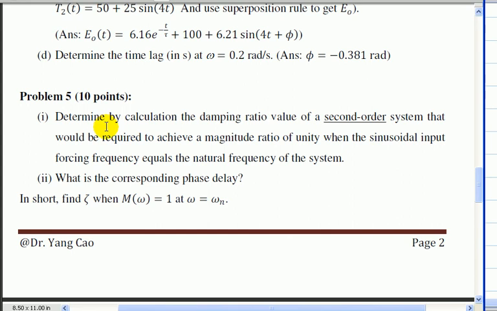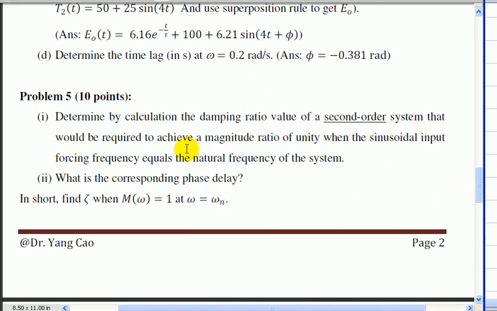It wants you to determine by calculation the damping ratio value of a second order system that will be required to achieve a magnitude ratio of unity when the sinusoidal input forcing frequency equals the natural frequency of the system. And then what is the corresponding phase delay? In short, try to find the damping ratio zeta when omega equals omega n. That's what it means here, basically.